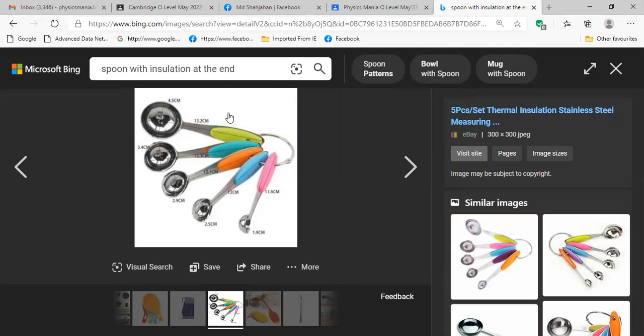Why is this working? The rubber one is working as an insulator, and why is this metal a very good conductor of heat? There is a reason. The reason is the structure.